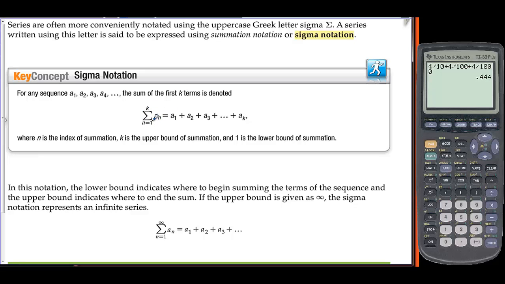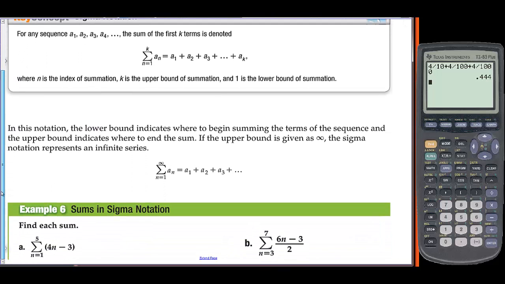So you plug 1 in, and then you plug 2 in, and then you plug 3 in, and so on. In this notation, the lower bound indicates where to begin summing the terms of the sequence, and the upper bound indicates where to end the sum. So we could start from, let's say, 1 to 10, or 1 to 20. If the upper bound is given as infinity, the sigma notation represents an infinite series. So if infinity is on top, this means we have an infinite series.